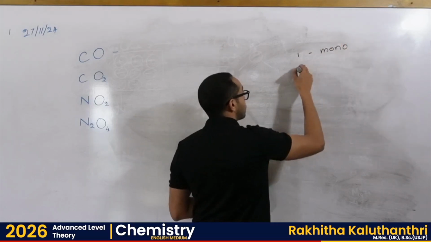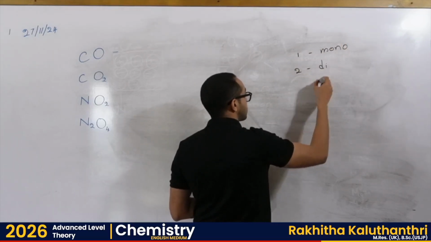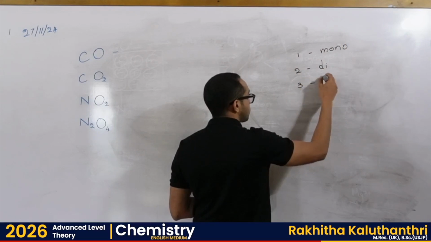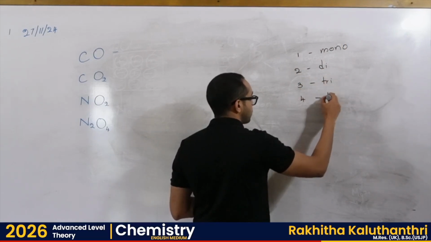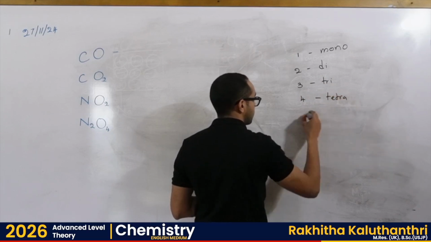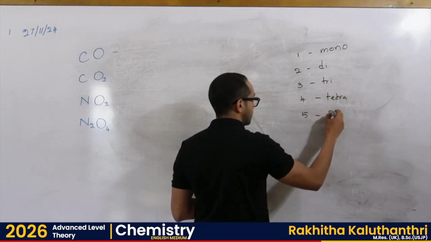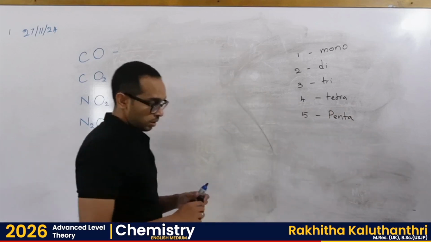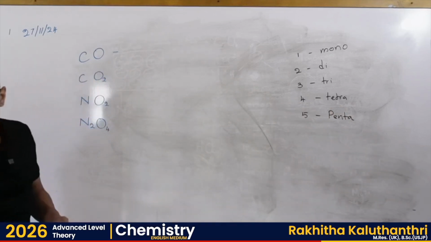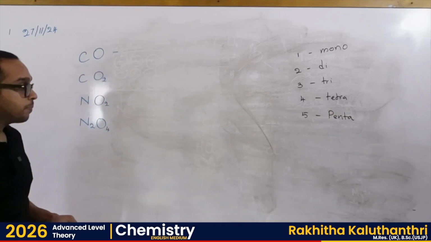Having two, we use the prefix di. 3, we use tri. 4, we use tetra. 5, we use penta. Since the rest of it is given to you there in the table, I'm not going to keep on writing all the prefixes there.